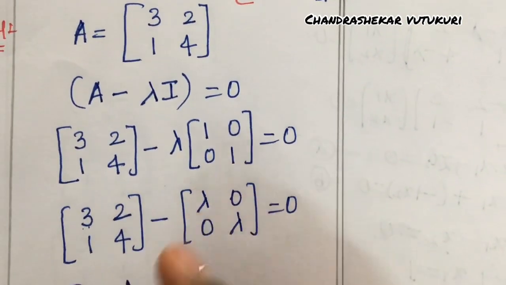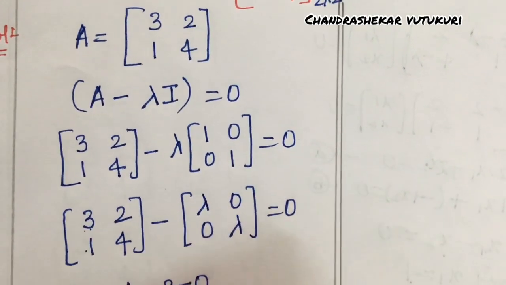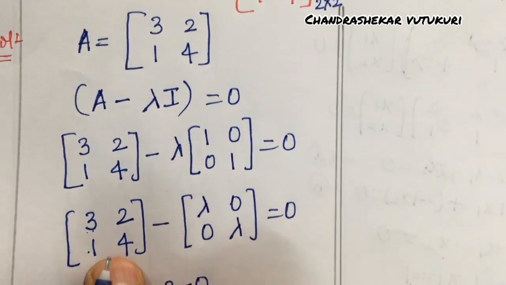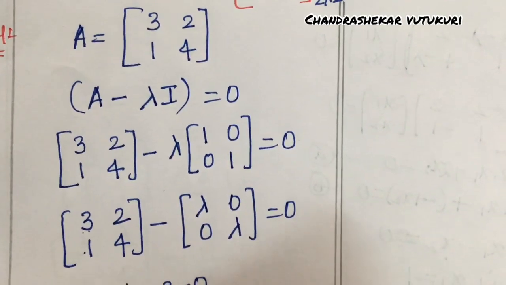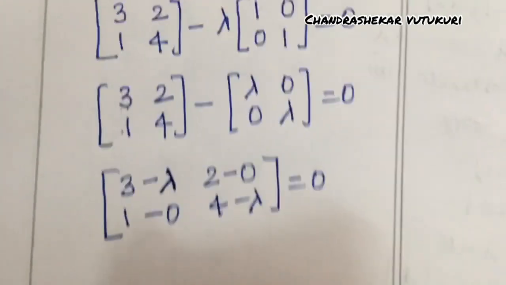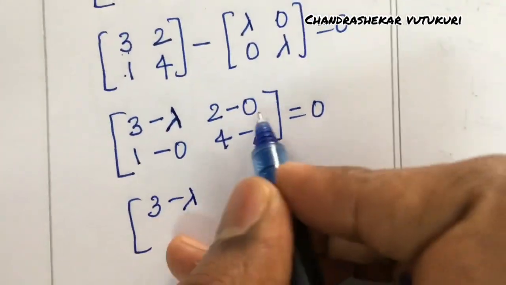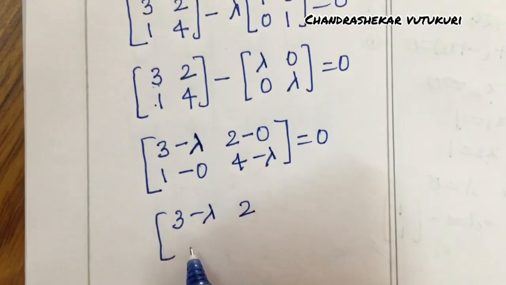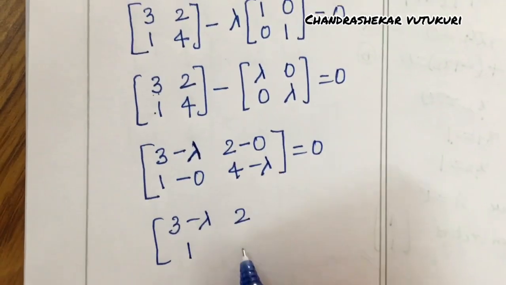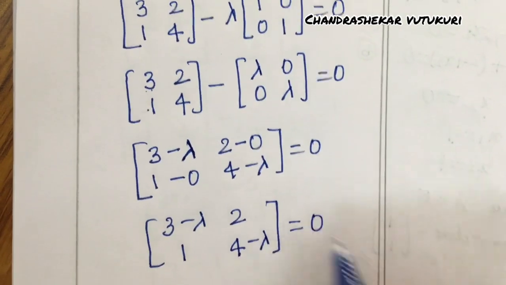So, 2 minus 0, 1 minus 0, and 4 minus lambda. This will become [3 minus lambda, 2; 1, 4 minus lambda], which equals 0.